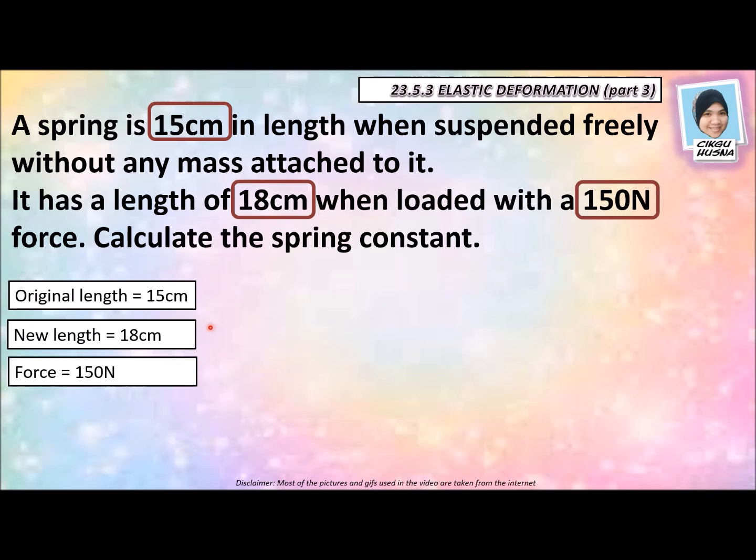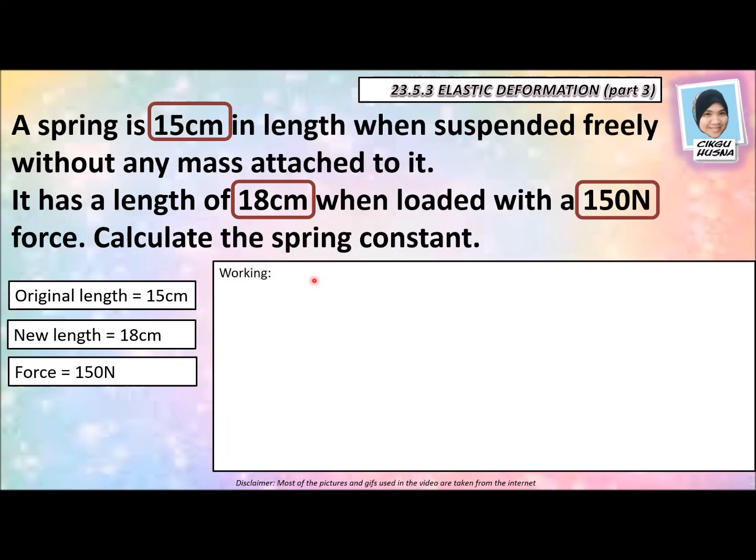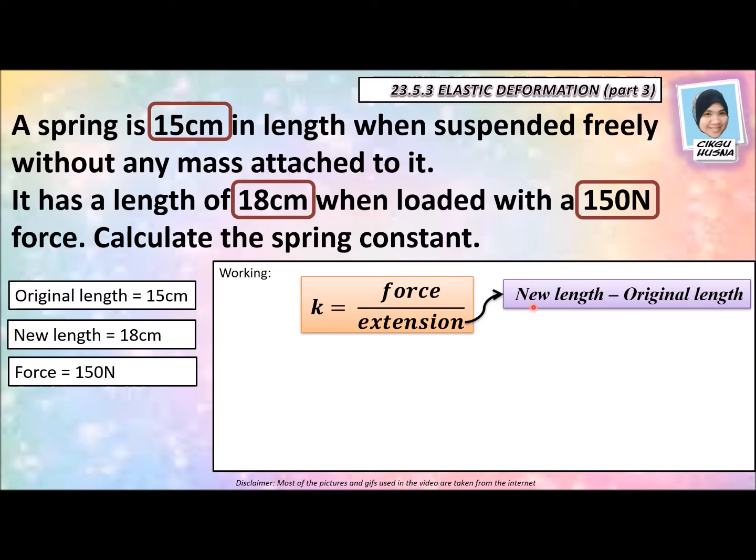And the force here is 150 Newton. So we calculate spring constant using the formula k equal to force divided by extension. However, in the information here, there is no information for extension. In the previous video, we've already learned that we can calculate extension using the formula new length minus original length. So in the information here, we have both data, new length and original length.